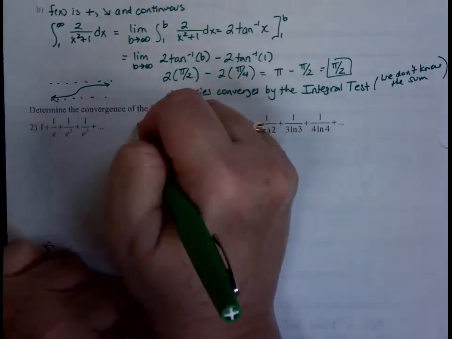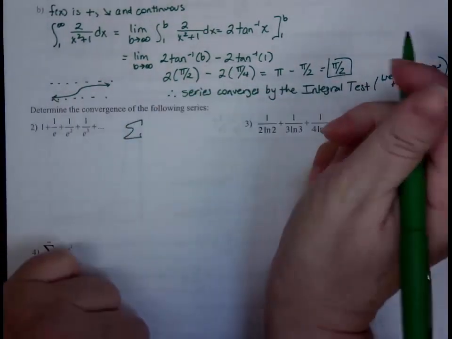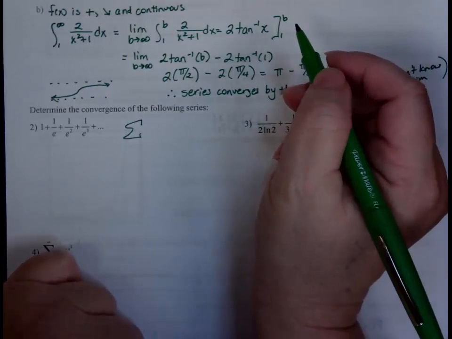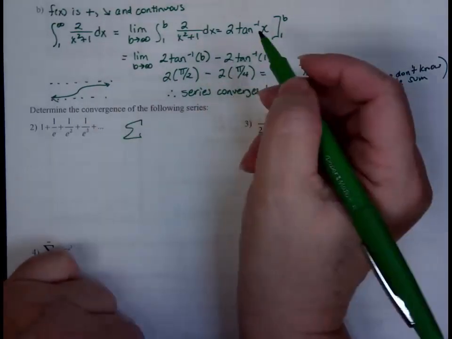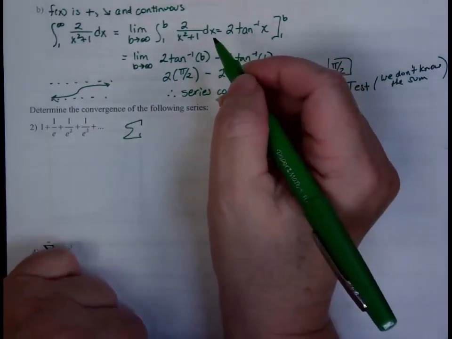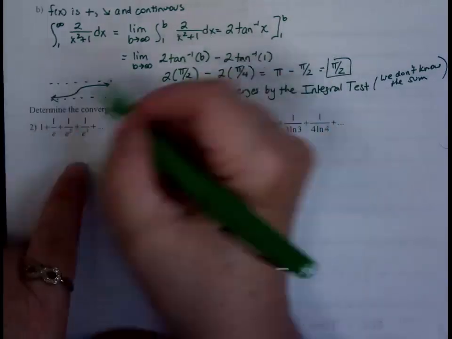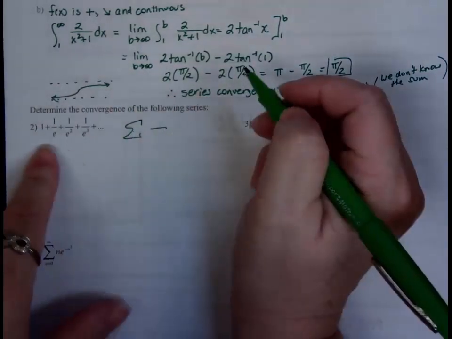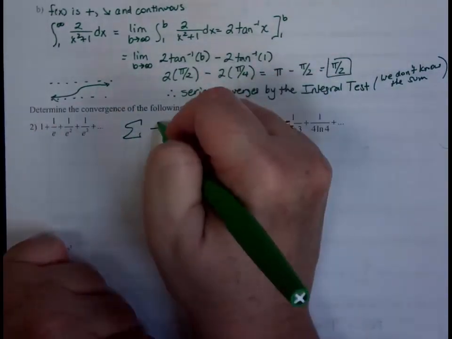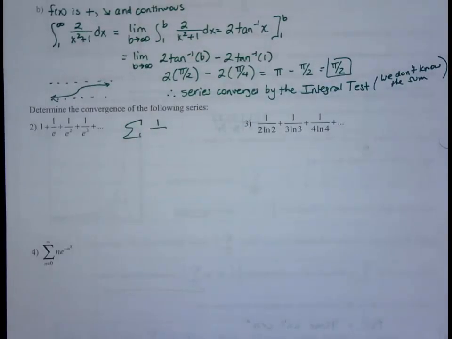So what we do is we draw our sigma. Go ahead and draw your sigma. Now some of you are going to find this easier than others. I know. It took me a while to figure this out too. What do you notice about the numerator of all of these fractions? It's always 1. So I can put a 1 on top. I know that for a fact. Do you notice that all of the denominators are powers of e, except for the first term?